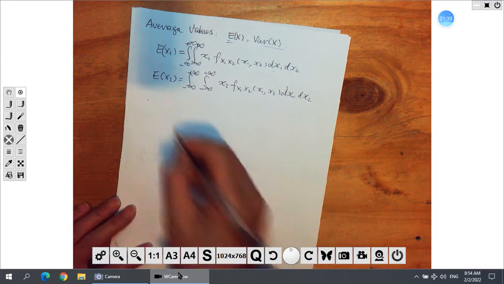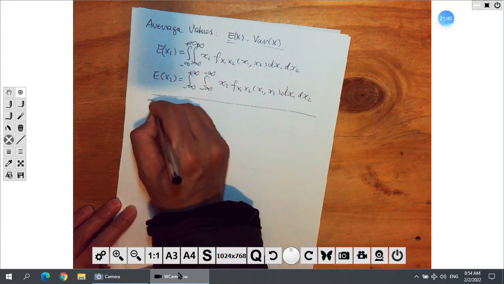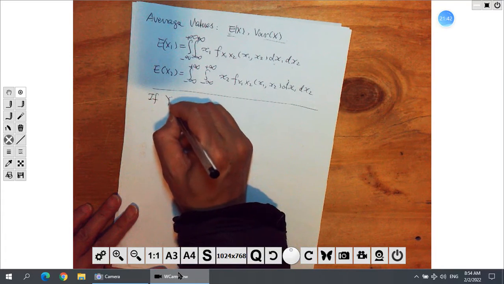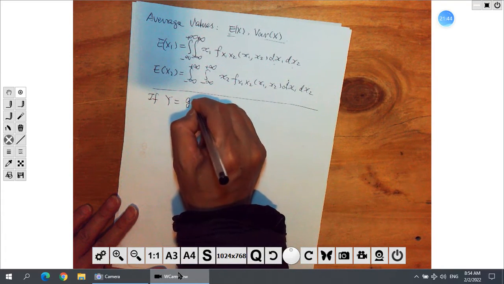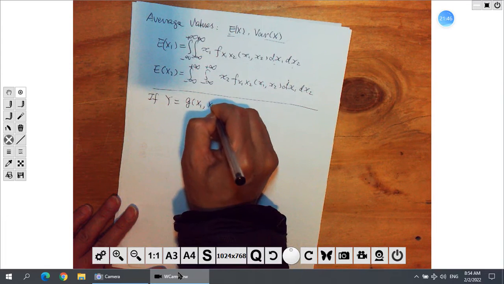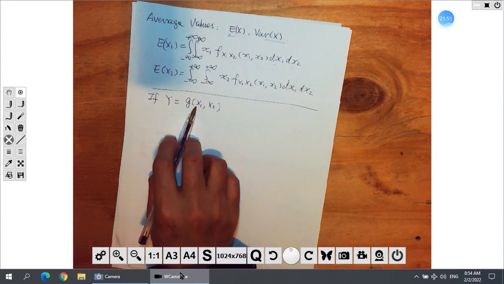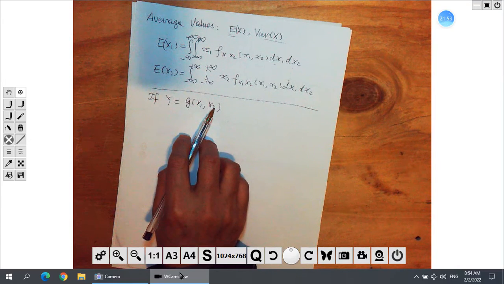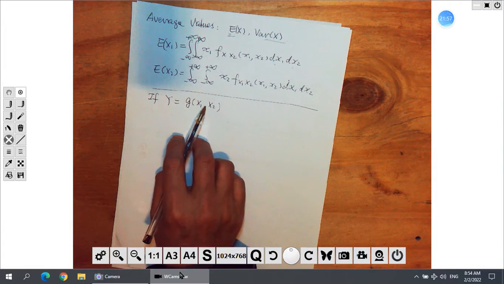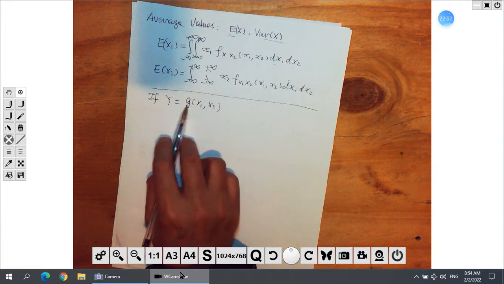And actually we can have a more general case. If Y equals some function g of x1 and x2, that means you can build another random variable based on x1 and x2. Add them together, multiply them together, apply sine, cosine, square, log, exponential, powers, any kind of function. G could be any function.